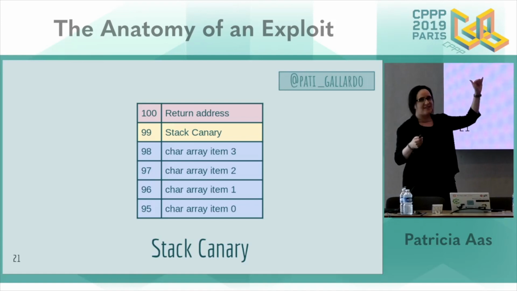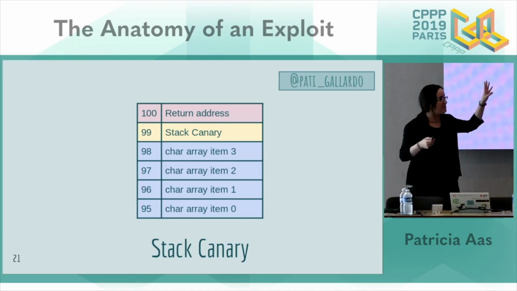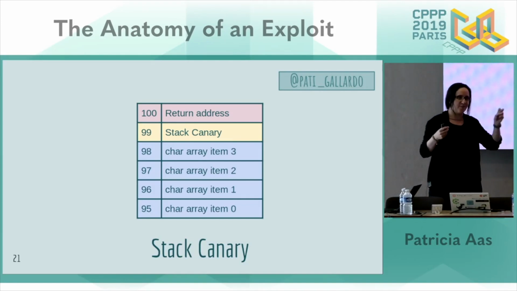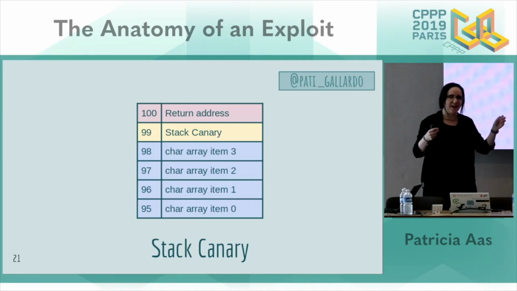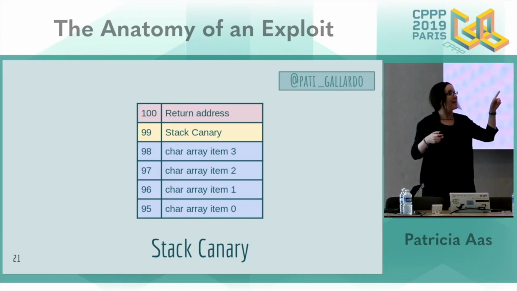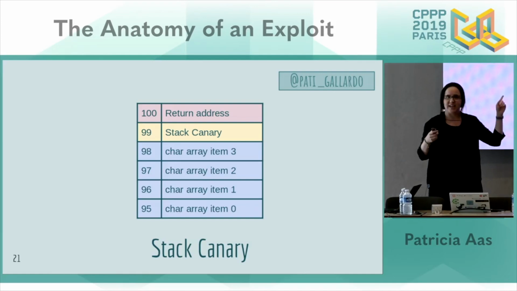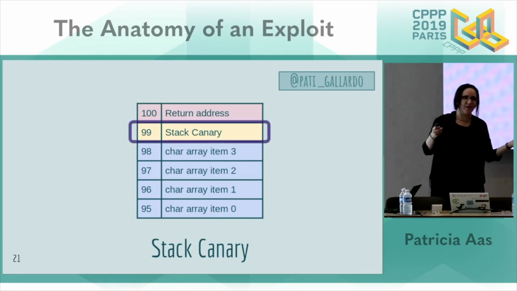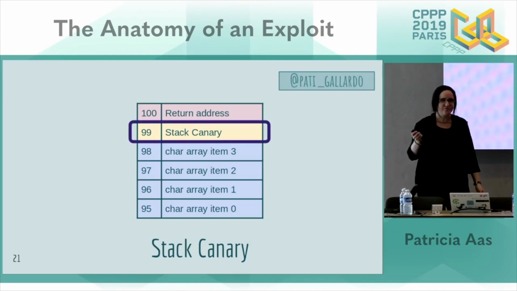But what you see is that the stack canary is between the buffer and the return address. And so stack canaries was introduced as a compiler mitigation, where the compiler will insert some little magic code there. And before it does the ret instruction, it will check that the stack canary is still intact. And if it's not intact, it will abort and do stack smashing detected like we saw earlier. So you have the stack canary there.